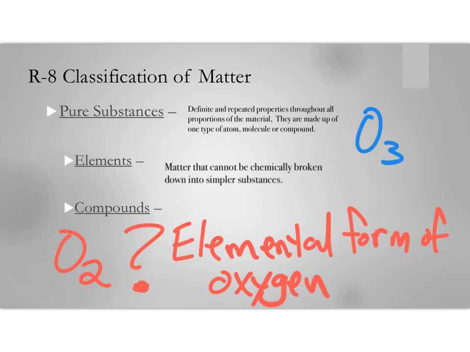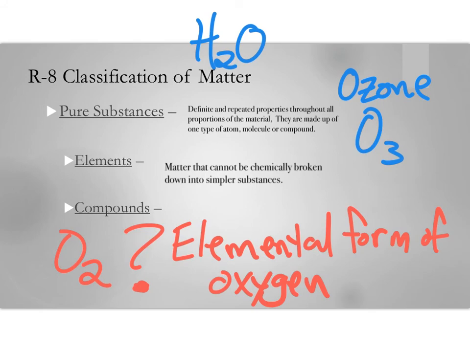That one is not as simple as O2, so it is not the elemental form of it. Neither of which are compounds. Compounds have, like H2O, more than one different element in them.